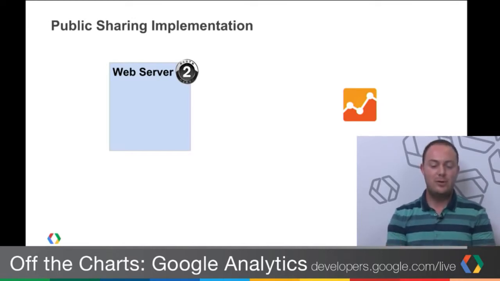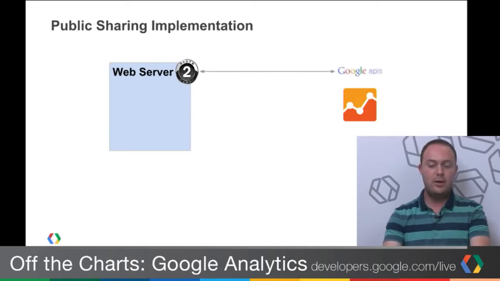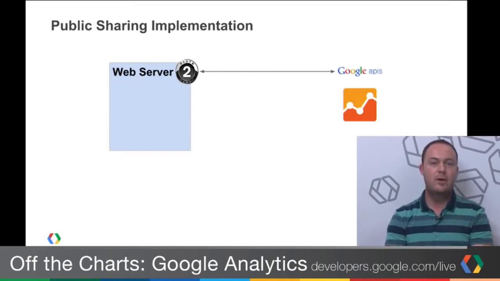You need to make requests to Google Analytics for this data, and you can use the Core Reporting API and other Google Analytics APIs to make requests for data programmatically. But you need to do authentication. And a lot of times OAuth 2 is the recommended approach for authentication. And you need to actually interact with Google accounts, as for all the Google APIs. And once you have that token, you need to save it, and you need to also manage the whole process of refreshing tokens, making the requests using the token.